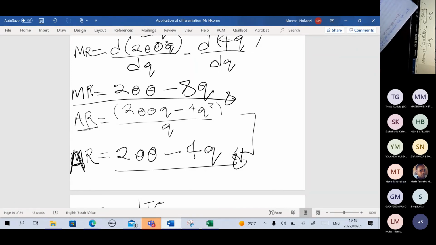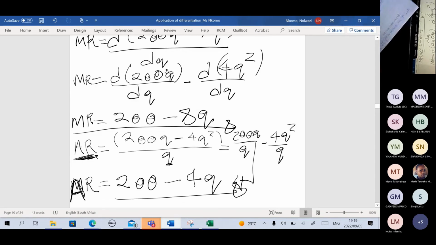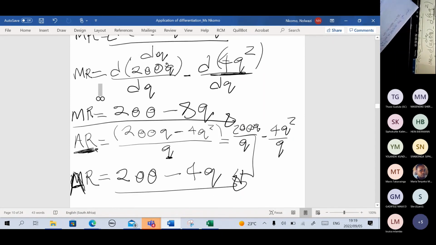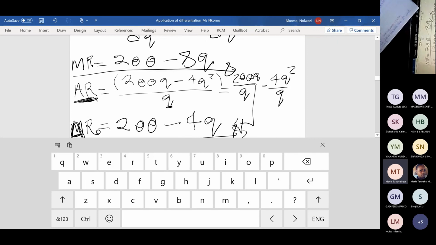No, remember for an average revenue, we are dividing with Q. So we have 200Q over Q minus 4Q squared over Q. But here we were differentiating, we're not dividing. So is it always the case that the marginal is differentiating and the average you have to divide? That's the average revenue, you divide the total revenue with Q. Okay, thank you, ma'am.